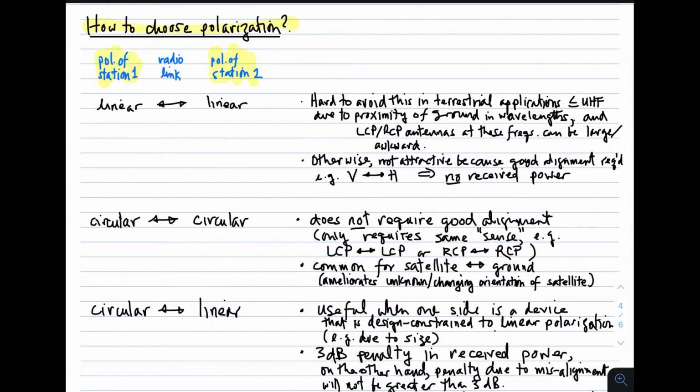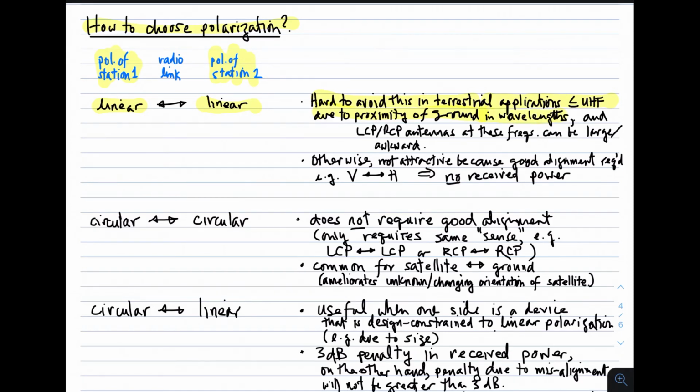And the first possibility we might consider is linear to linear. In other words, maybe we have dipoles on each end of the link. Well, this is hard to avoid in some applications, namely terrestrial applications at frequencies in the UHF range and below. And this is due to the proximity of the ground, and not merely that the ground might be close, but that the ground might be electrically close.